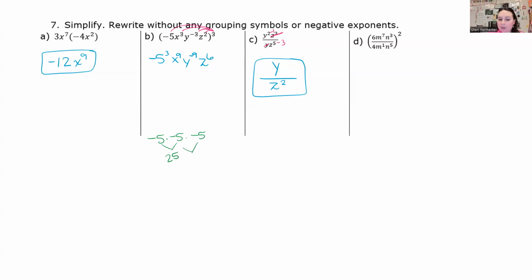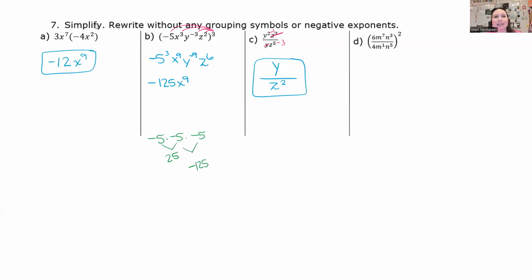So negative times a positive, my answer is going to be negative. 25 times 5. Let's think about 5 quarters. If you have 5 quarters, how much do you have? 125. You can do this. You can do big math. Okay, so we did that part. So we've got -125. There's nothing wrong with x to the 9th power.